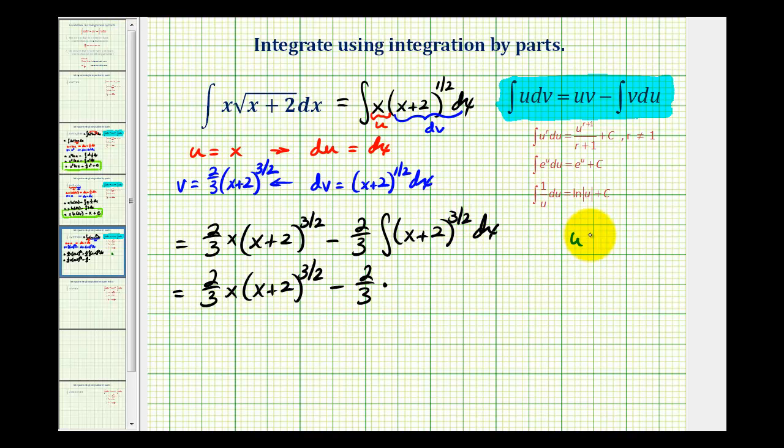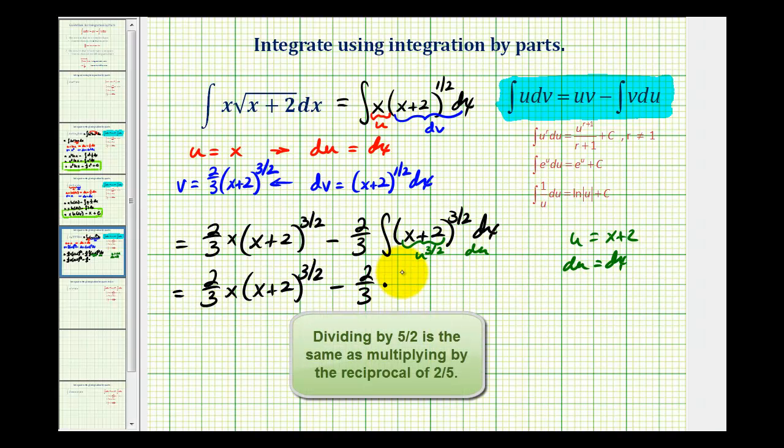And again, if we let u equal x plus 2, du is still dx. So we can think of this as u to the 3/2 du. So we'll add 1 to the exponent. 3/2 plus 1 would be 5/2, divided by 5/2, which is the same as 2/5 times the quantity x plus 2 to the 5/2 power.